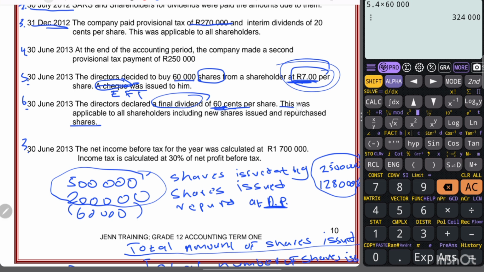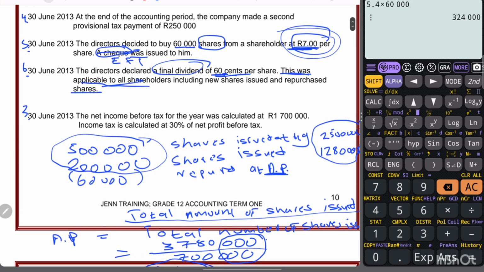But they are saying this information is very important now. This was applicable to all shares. If they are saying this was applicable to all shares, including the new issued and repurchased shares, it means you are going to cancel the repurchased now.